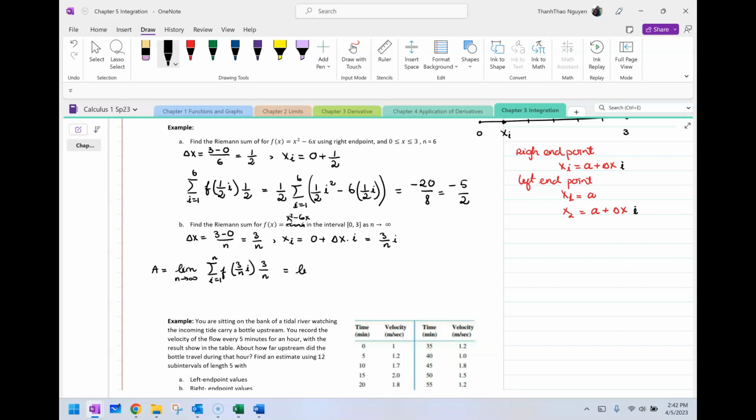So this is the limit as n approaches infinity of the summation of i equal 1 to n of 3 over n i squared minus sid times 3 over n i.